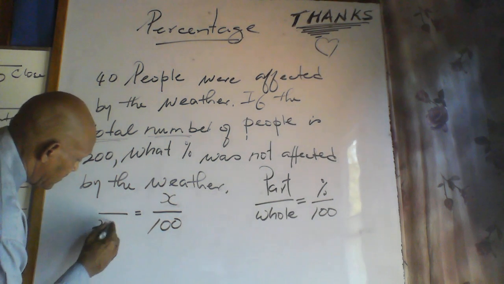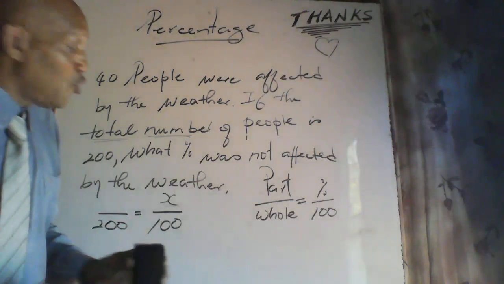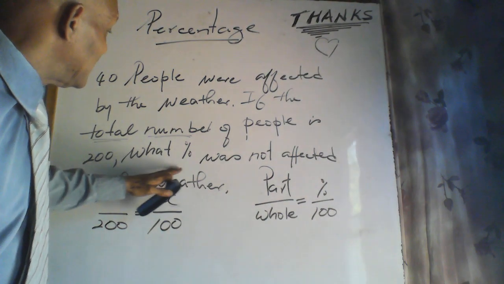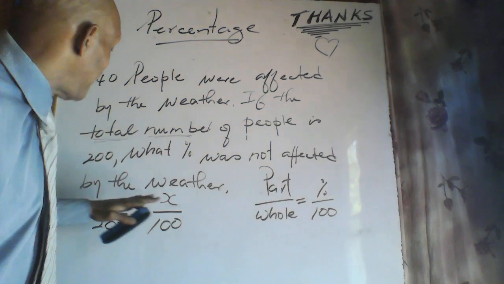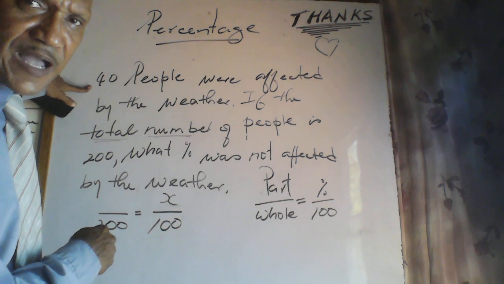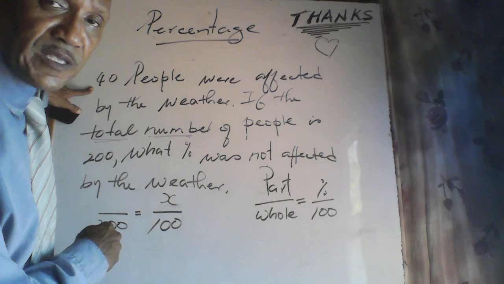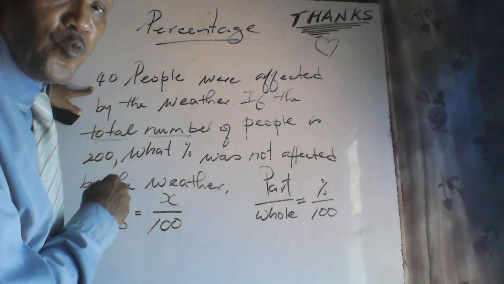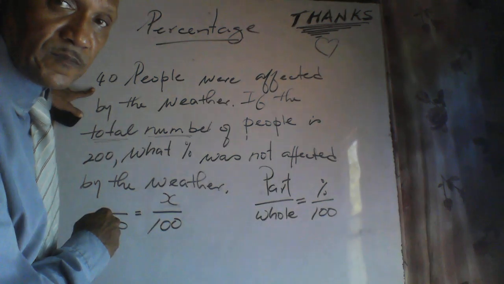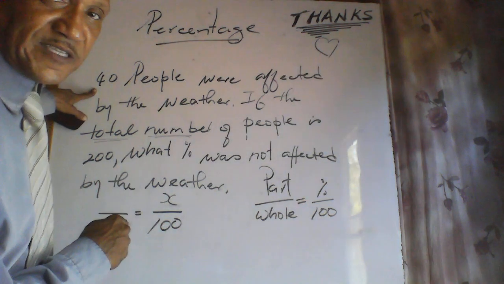So 200 is the whole, and they want to know what percent was not affected by the weather. We're not going to put 40 on top. Why? Because 40 is the amount that was affected. We want to find out the amount that was not affected.